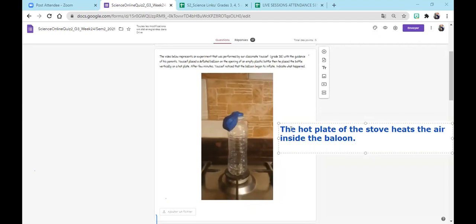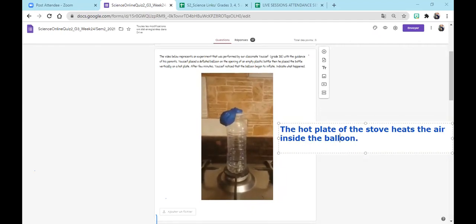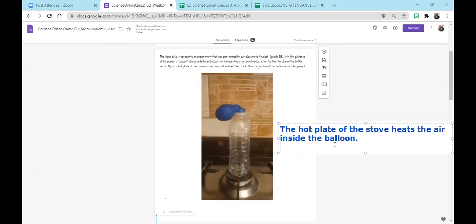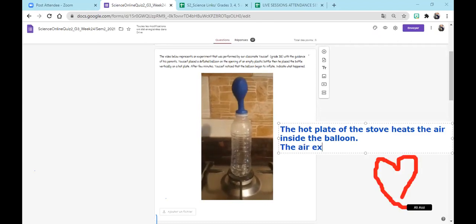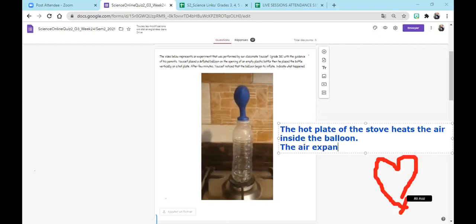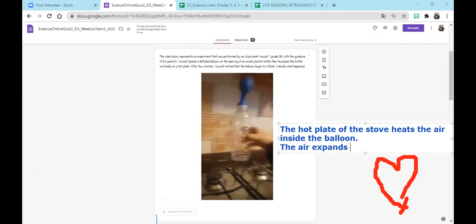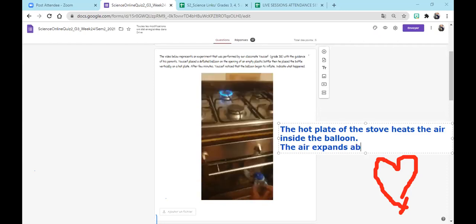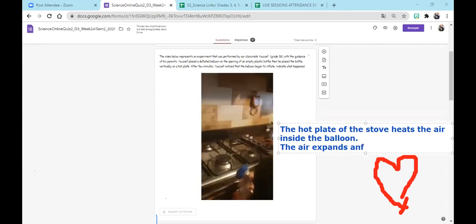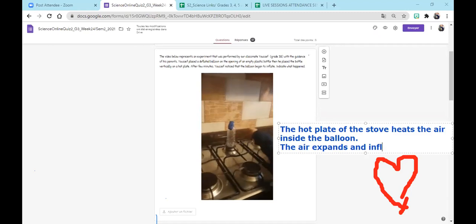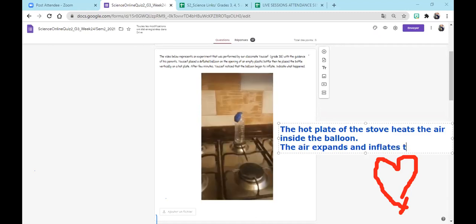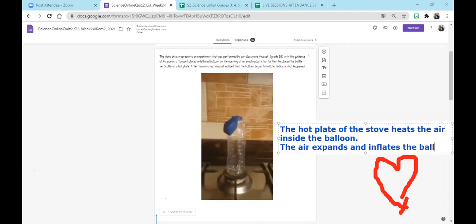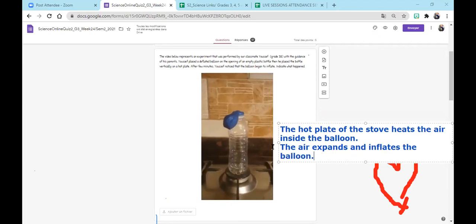So what happens to the air? When we heat the air, what happens? The air expands and inflates. Became bigger, or inflates the balloon.